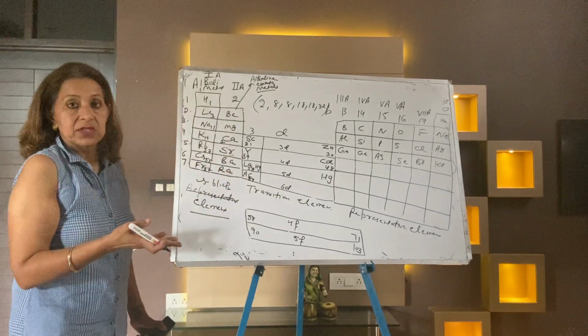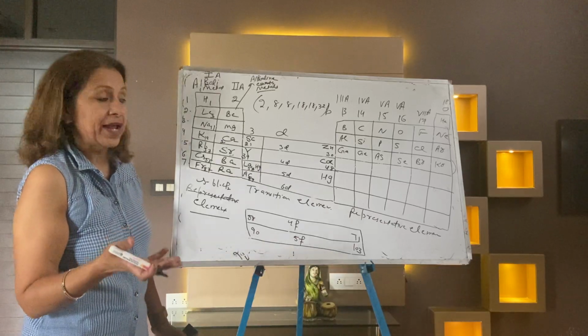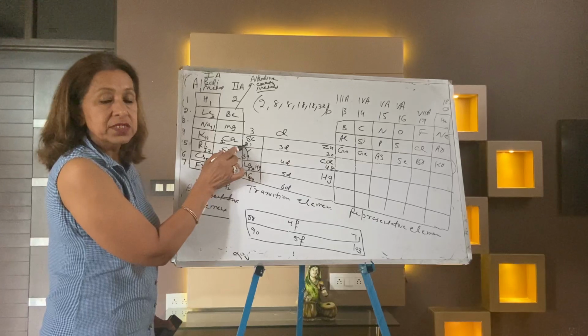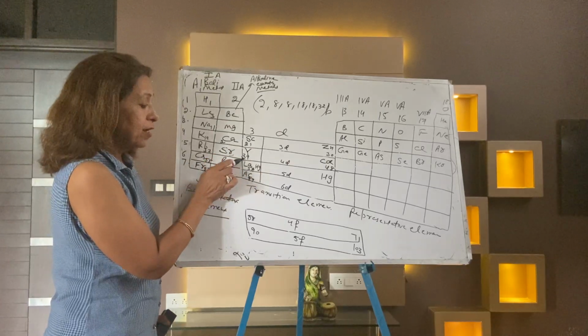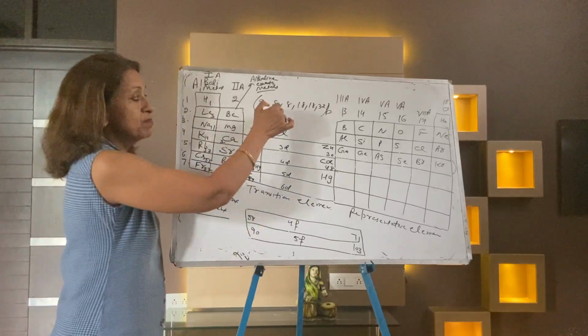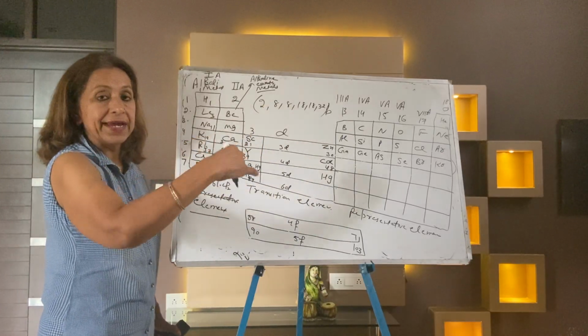Now this is the way you can find the atomic number of any element. Same way, it is 21, 21 plus 18 is 39, 39 plus 18, and after that 32. This magic number will go in a group: 2, 8, 8.